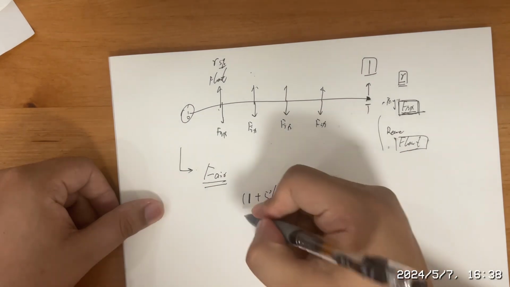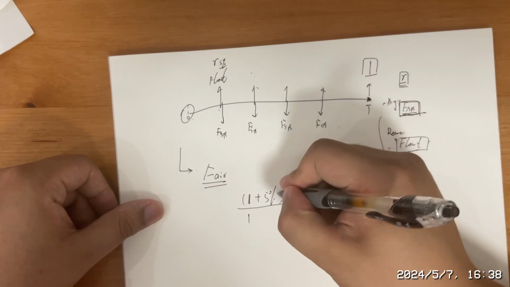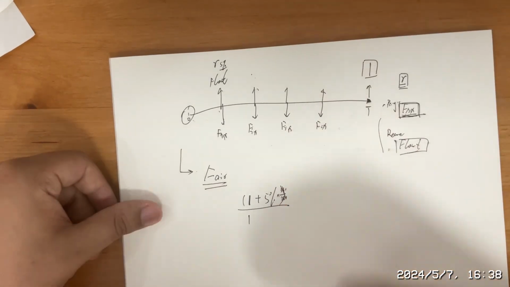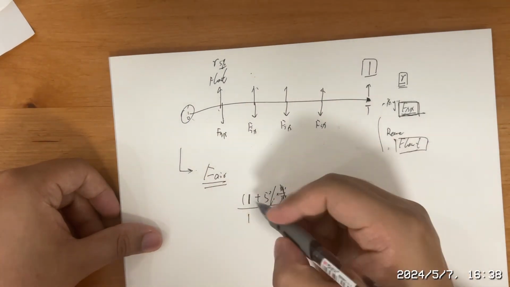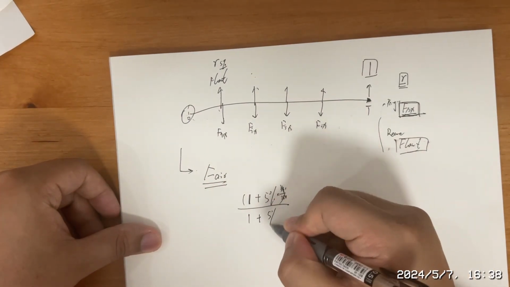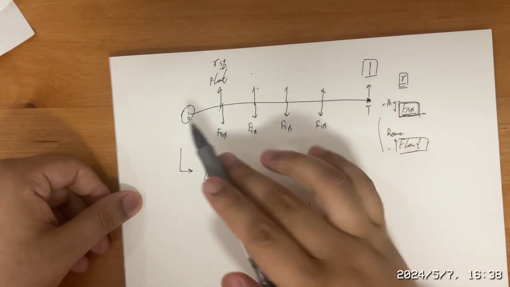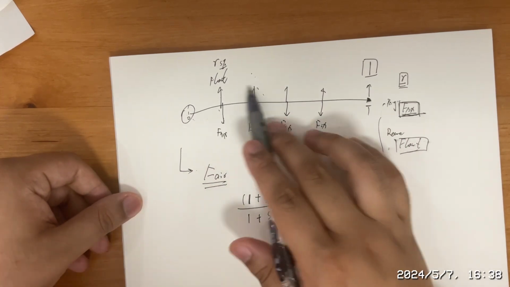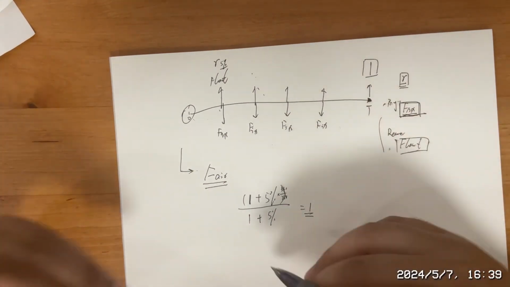Then you discount that back to now, so it will be 1. Even with two periods of a floating rate, discounting back to now still gives 1. It just cancels out.